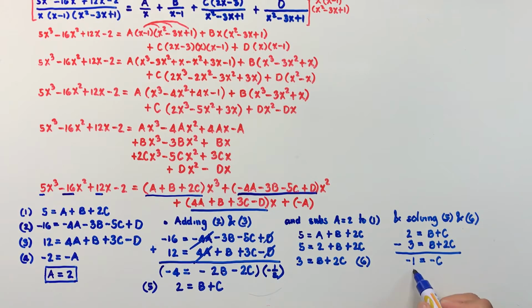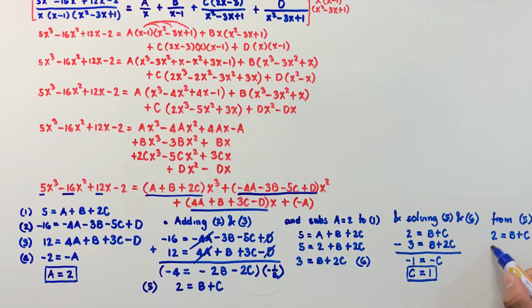So therefore our c is 1. And if c is 1, then therefore from equation 5 we can solve for our b, because in equation 5, 2 is equal to b plus c, but c is already 1, therefore b is 1 here.